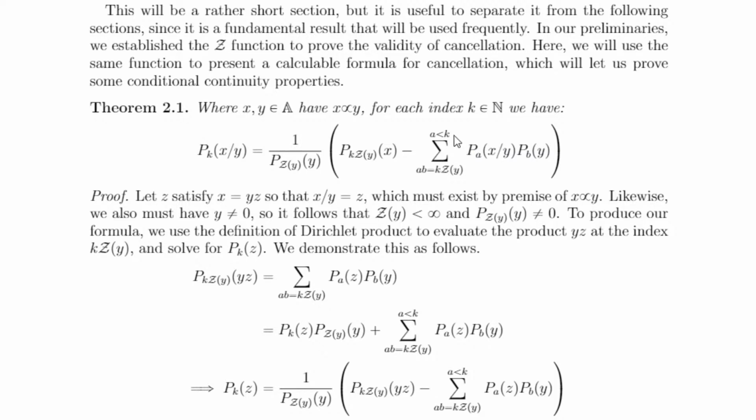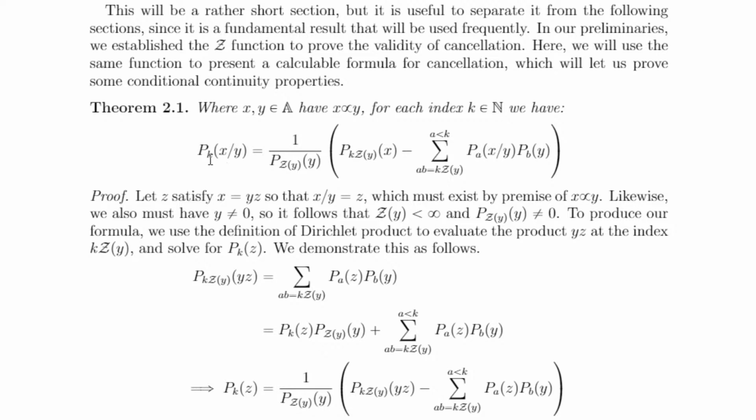But our summation has a strictly less than k, and k is the index that we want to figure out this projection for. So this is actually an inductive formula. If we want to figure out the value of x divided by y, or x cancel y, on each index, we can follow this formula inductively.